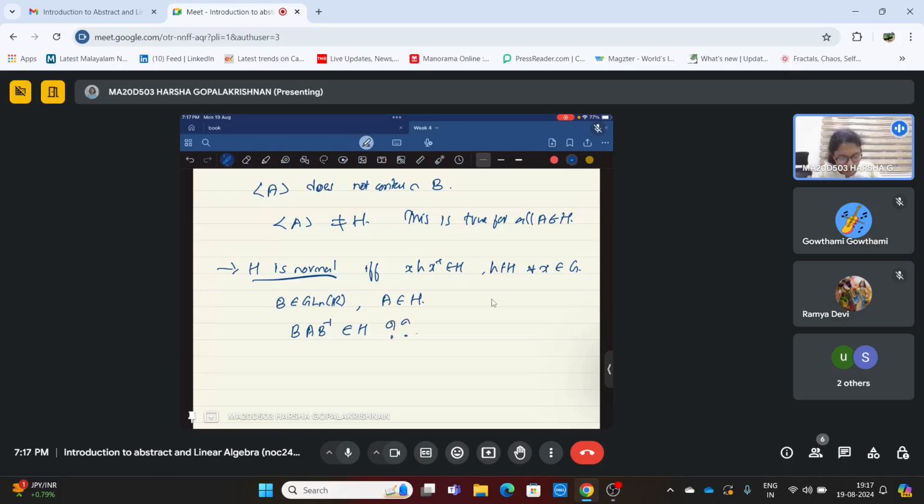If this condition is true, what can we say? It is normal. Then H is normal. This condition is satisfied. So when can we say BAB inverse belongs to H? If the determinant of BAB inverse is in the form 1 by 3 power m. What is the determinant of BAB inverse?